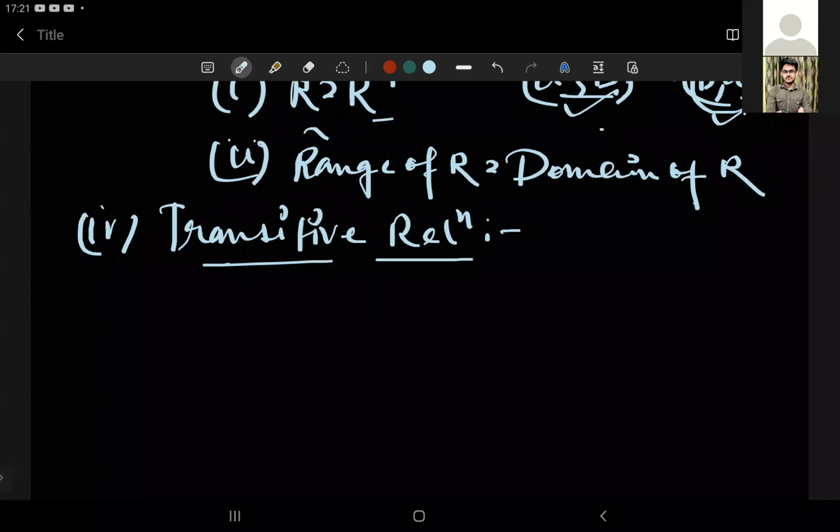Or maybe some of you have studied already. If (A, B) belongs to R and (B, C) belongs to R, then (A, C) belongs to R. And over here, what can you say about A, B, C? Do they need to be distinct or not?